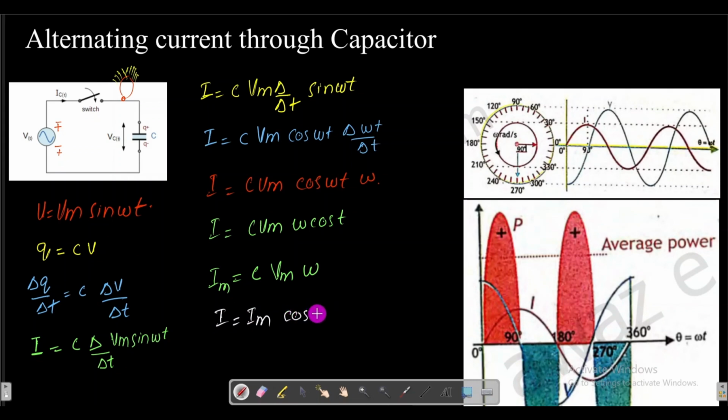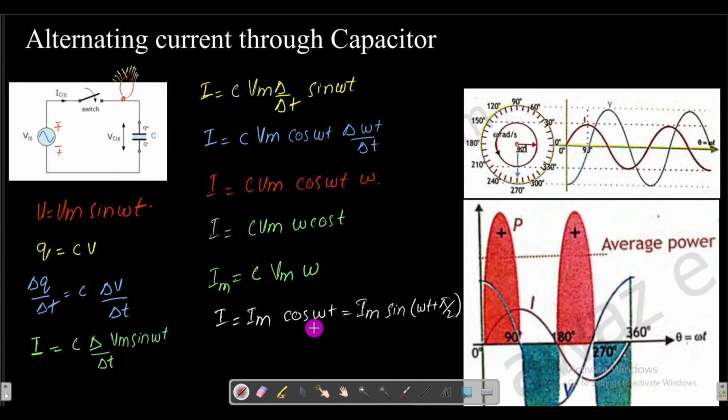cos omega t. Okay, so cos omega t is actually leading the sine function by 90 degrees. So therefore, instead of this we can put Im sine (omega t plus pi by 2).